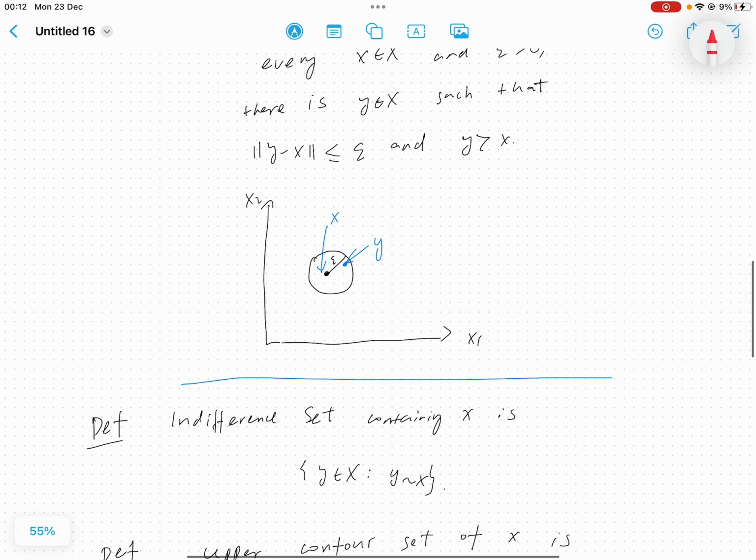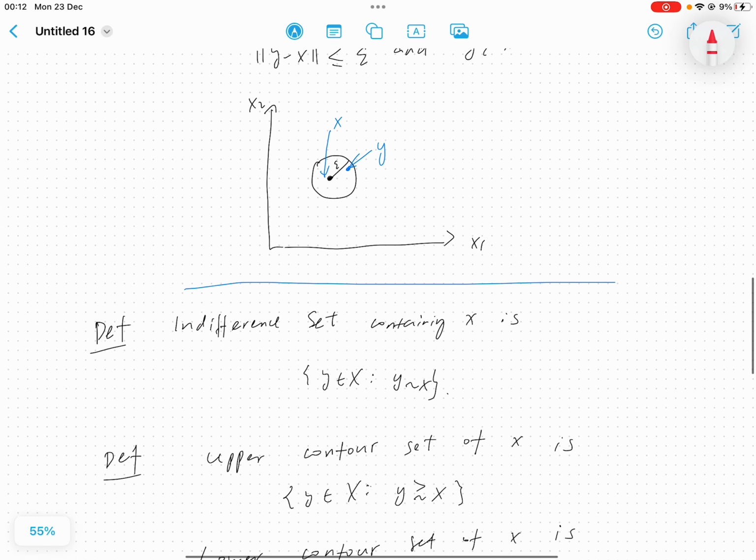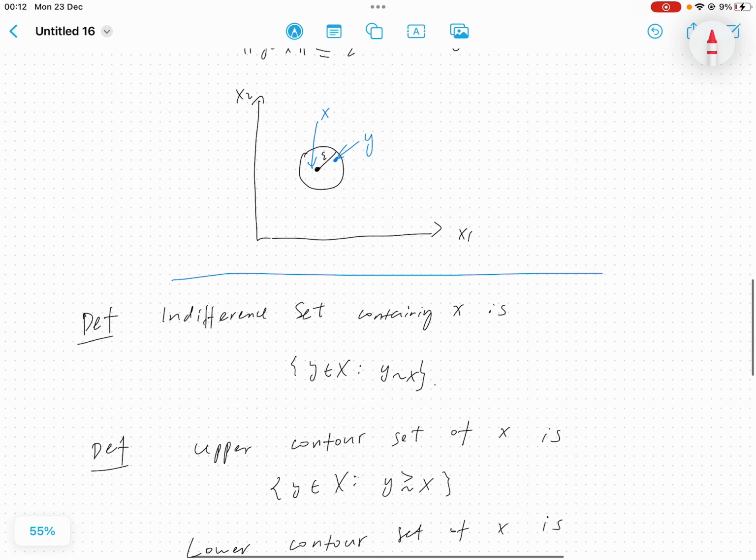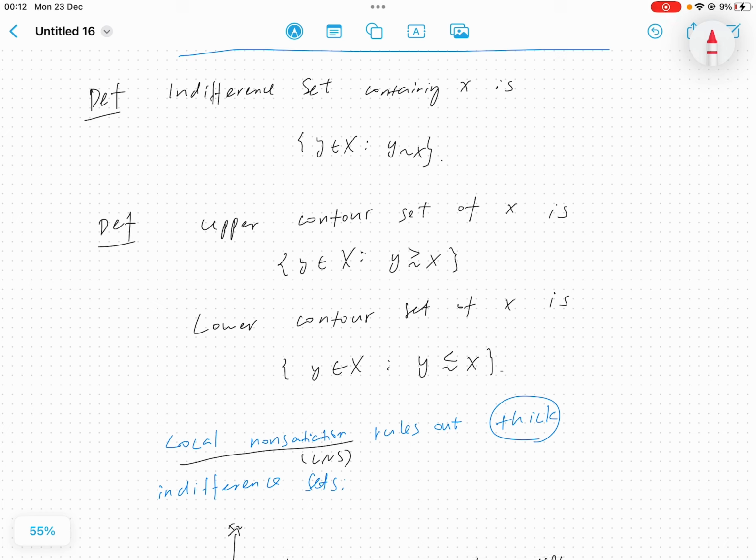So now let's talk about what's the meaning, or why we even need this local non-satiation, right? Before that, we need to further define some things. The first thing is called the indifferent set. An indifferent set that contains some element x is a set of those y's that are indifferent to x, so they have the same level of preference.